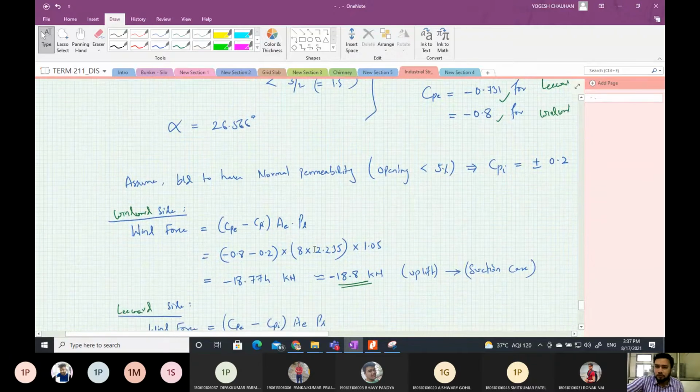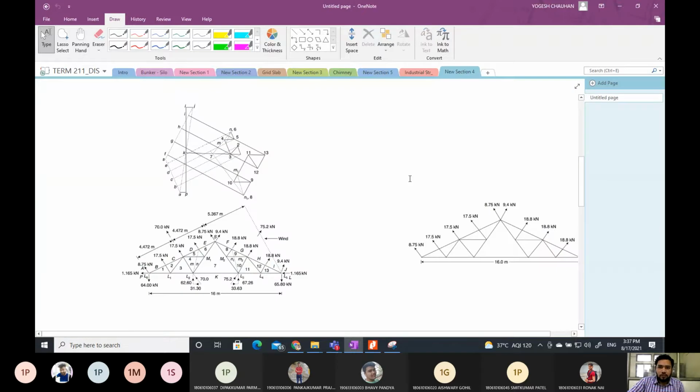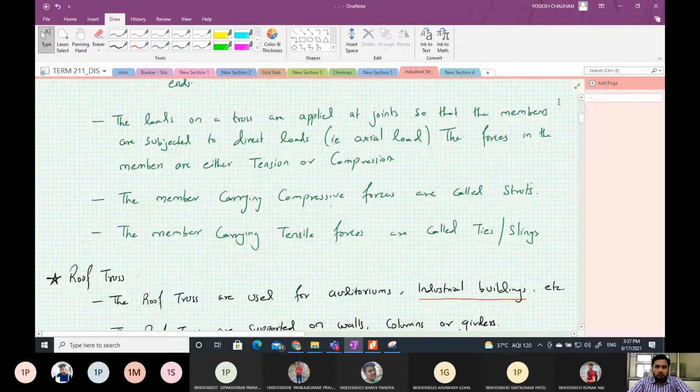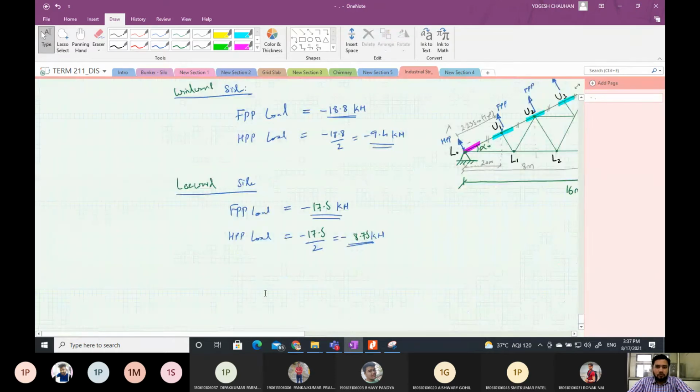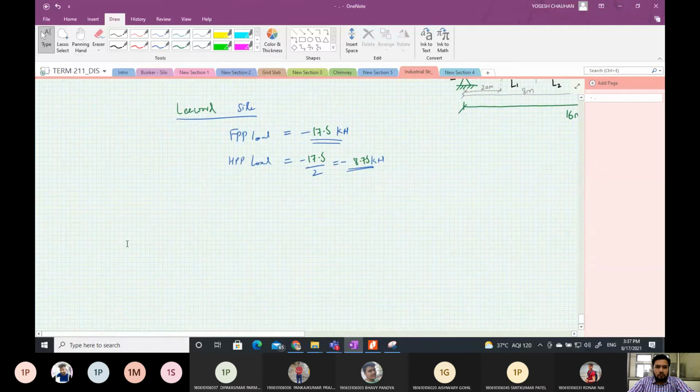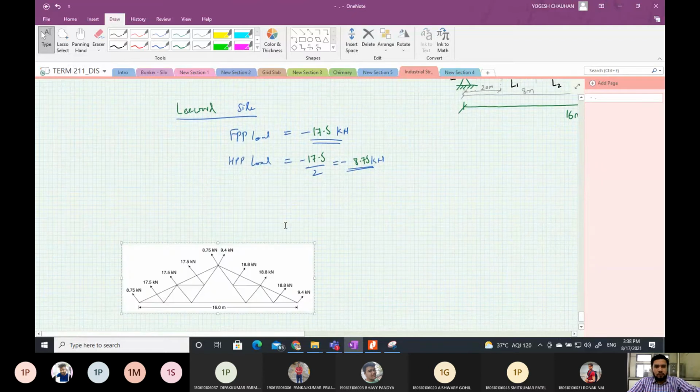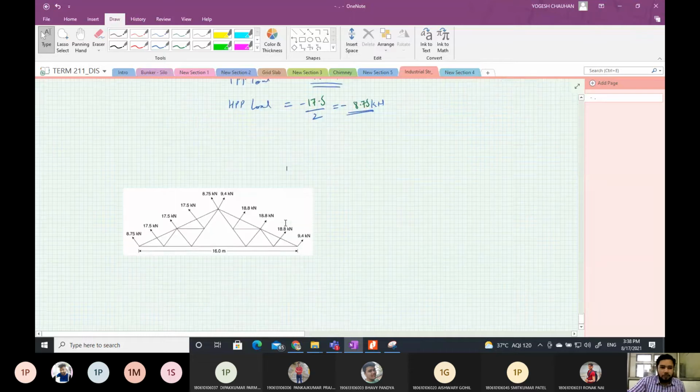So now let us see how this looks like. So this is the dead load at panel points.